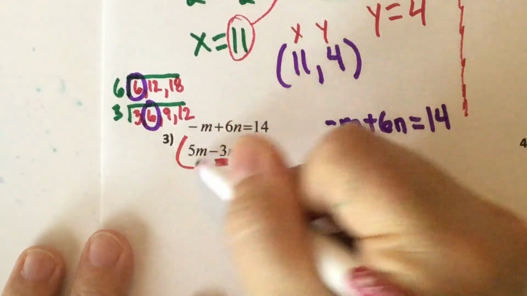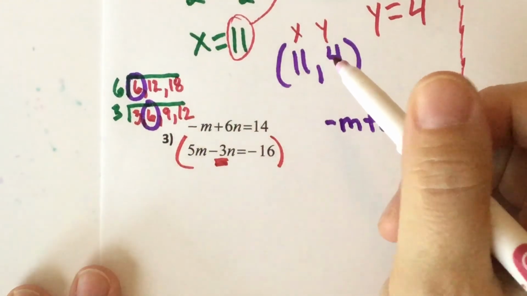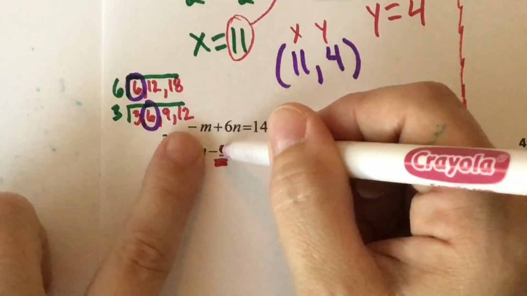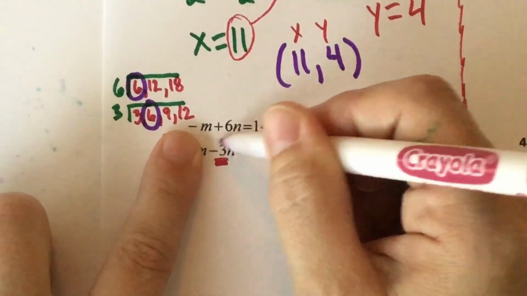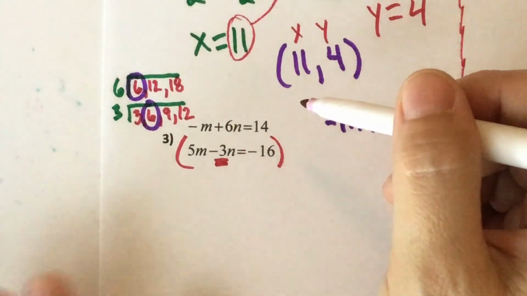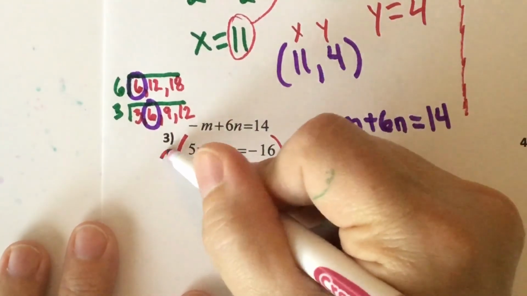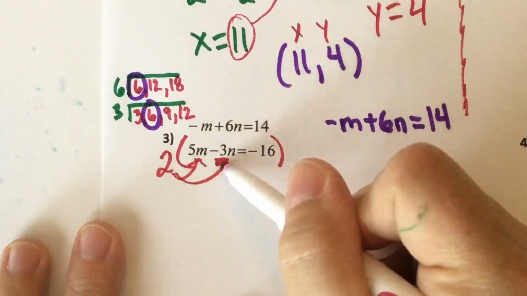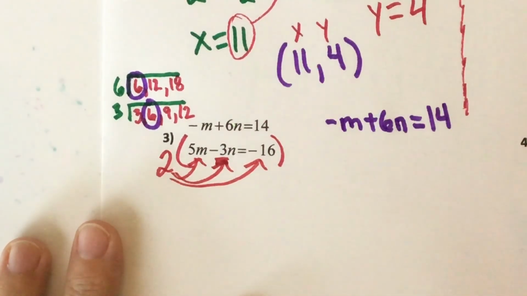Okay, so we have to ask ourselves, what do we have to multiply by to make it a negative 6? So right now it's a negative 3. So negative 3 times what would make a negative 6? A positive 2. And then you have to remember to multiply all 3 things.